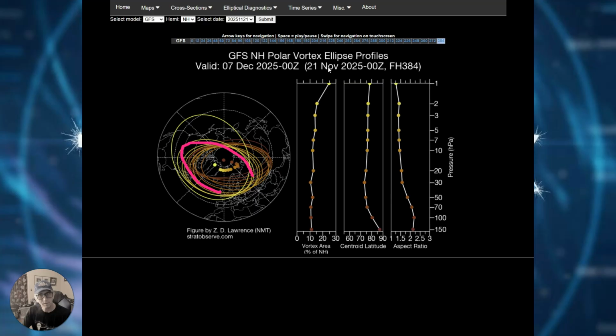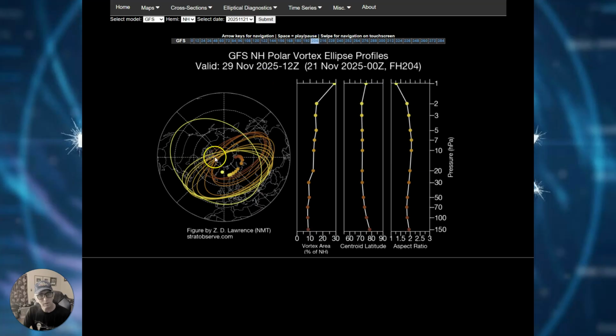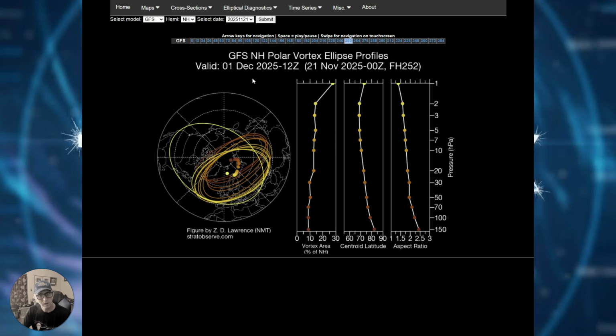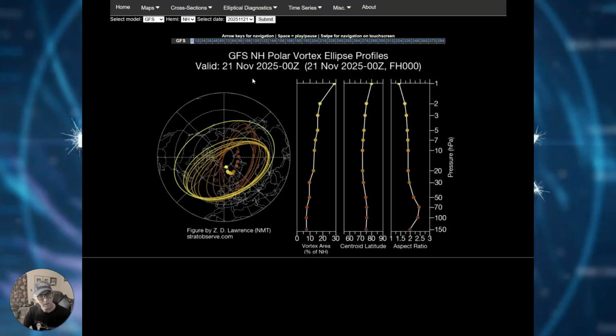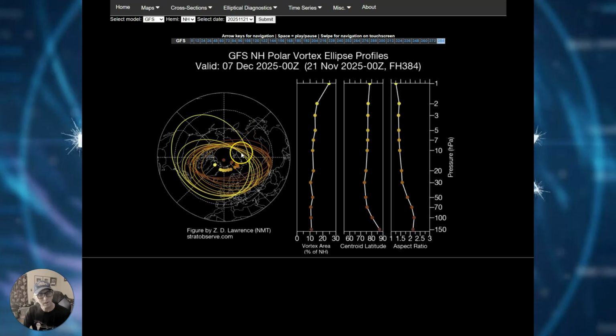Where if you go back in time, see where it is, 29 November, it kind of retreats some. See how it kind of shifts all the way around this way. Okay, so this is a really good representation of what's going on here through the first part of December.